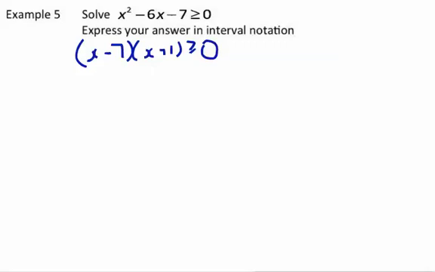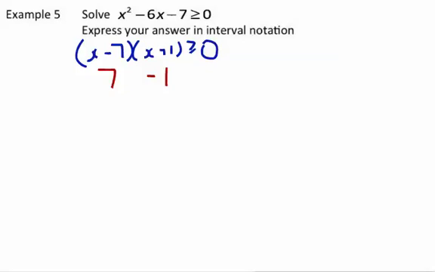So we need to figure out, when we take x minus 7, what number would I substitute in for x to make that bracket work out to 0? Well, if I substitute in a 7 for x, it'll make that bracket work out to 0. Same process with the x minus 1. If I substitute in a negative 1 for x, it'll make that bracket work out to 0.